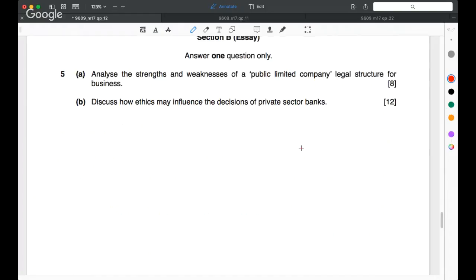Ethical behaviour often constrains banks and moves them into fair and reasonable behaviour. So it's really interesting to work through the argument and discuss the place that ethics has with private sector banks, which tend to have more freedom, I would suggest.